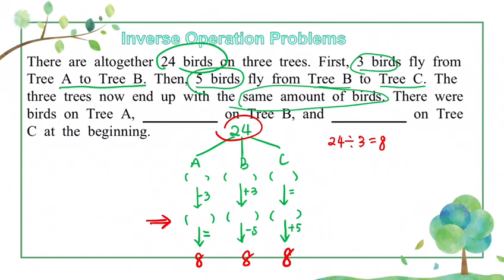For this step, the number of birds on tree A is the same, so you just copy it. And which number minus 5 is 8? It should be 13, right? And which number plus 5 is 8? If you want to reverse reasoning, you need to minus 5. 8 minus 5 is 3. 3 plus 5 is 8, right?